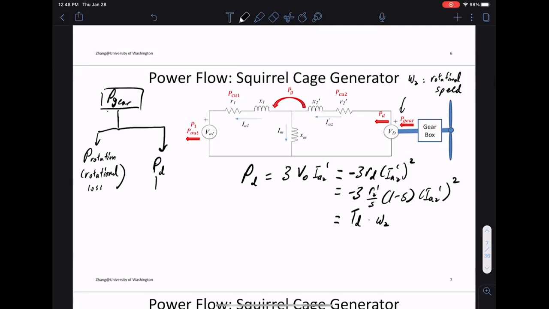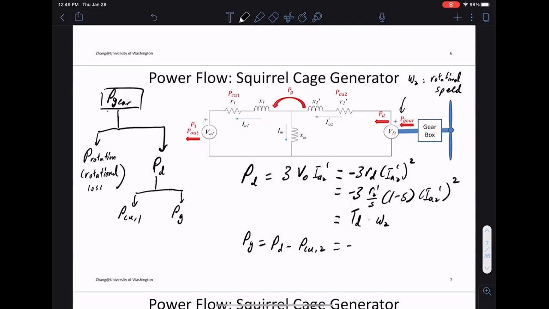After this point, this again gets split up because we have the copper loss. Then next we have the air gap power, PG. This is the power that gets transferred to the stator side. If you look at PG, this is basically just subtracting these two numbers.